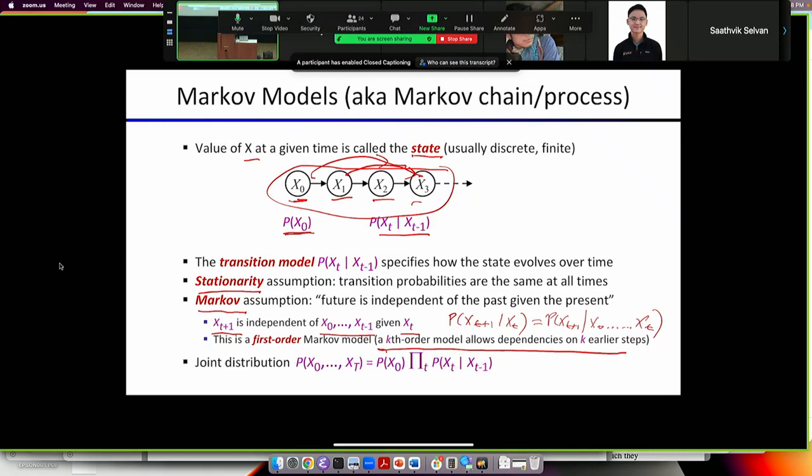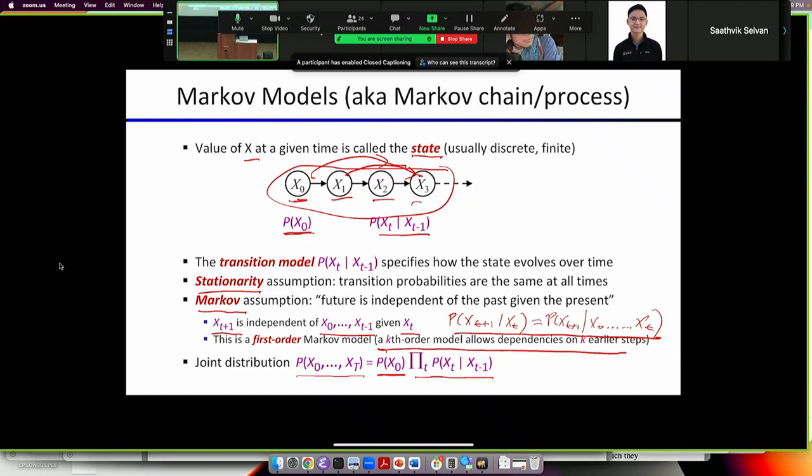Okay, so given those assumptions, given basically this conditional independence assumption here, then we can write the joint distribution just using the chain rule, as we did with regular Bayes nets, as the product of the prior at time 0 and then the product of the conditionals going forward in time. Okay?